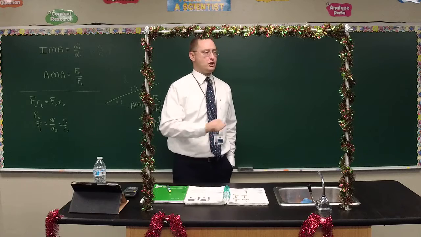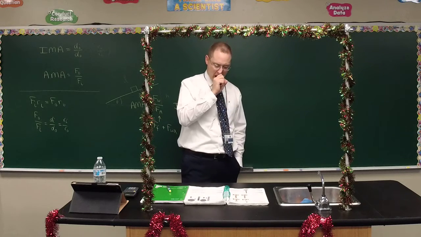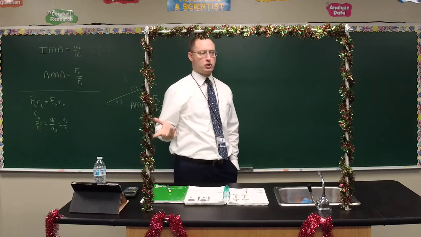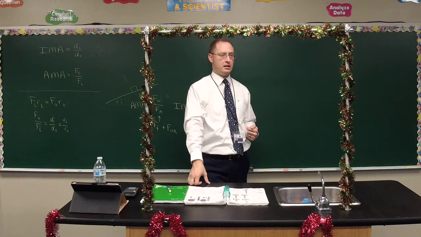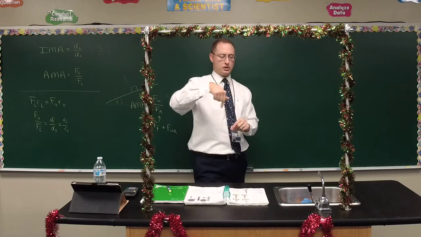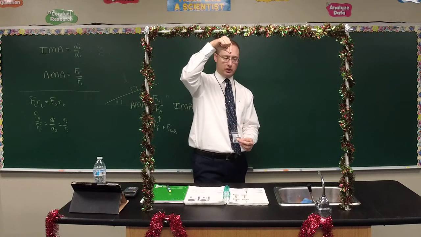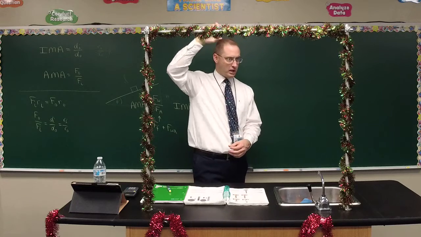So the jack, again, you turn it round and round and round, and it lifts little bitty bits at a time. The idea then of a screw in its design is really all it is, an inclined plane that's been wrapped around a rod, right? So you've got this rod, or thin, narrow cylinder, with an inclined plane wrapped around it.